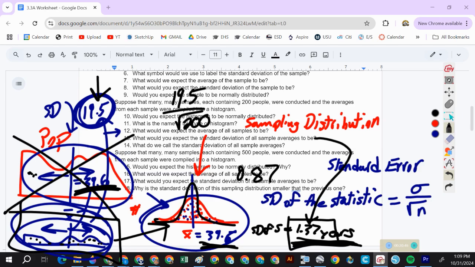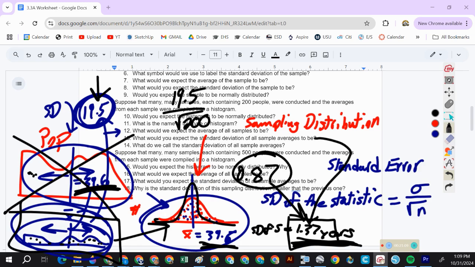But if we increase our sample size from 200 to 500, our uncertainty goes down. Does that make sense? And in fact, our uncertainty is almost half of what it was before. So the more people you talk to, the less uncertain you're going to be.